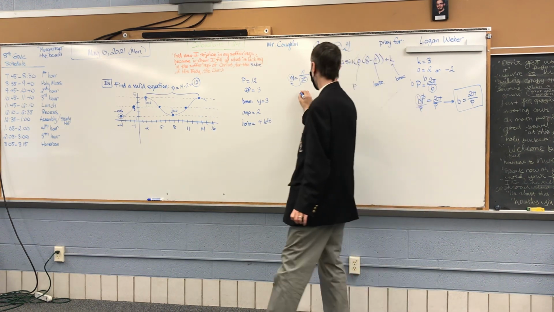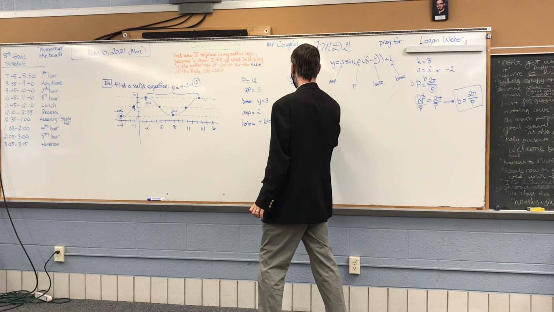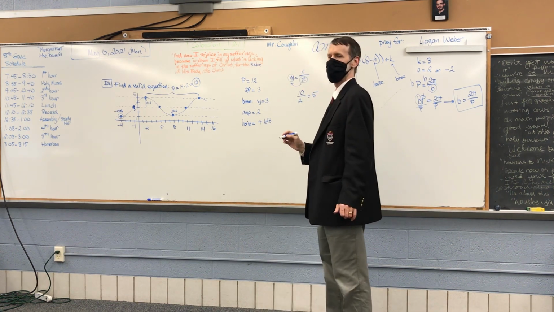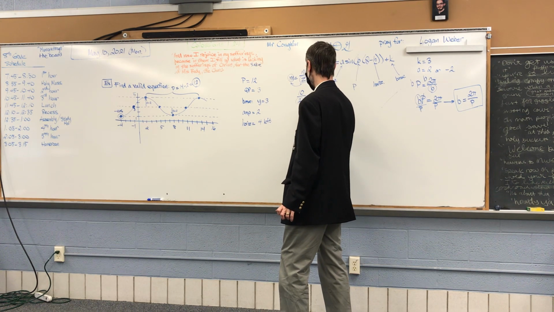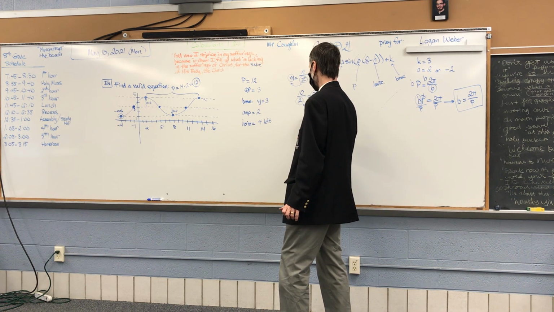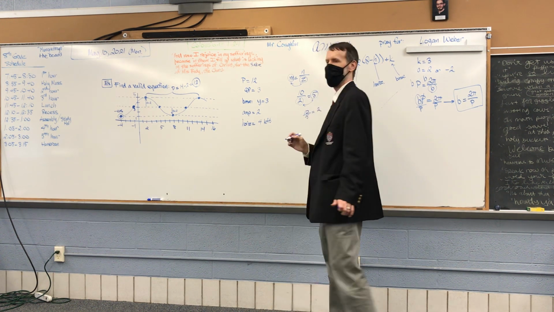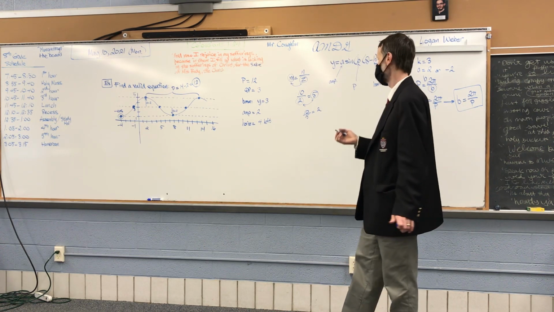Let me prove it to you. 10 over 2 equals 5, right? 10 divided by 2 is 5. Swap the bottom with the answer. What do you get? 10 over 5 equals 2. Does that work? Yeah, always.